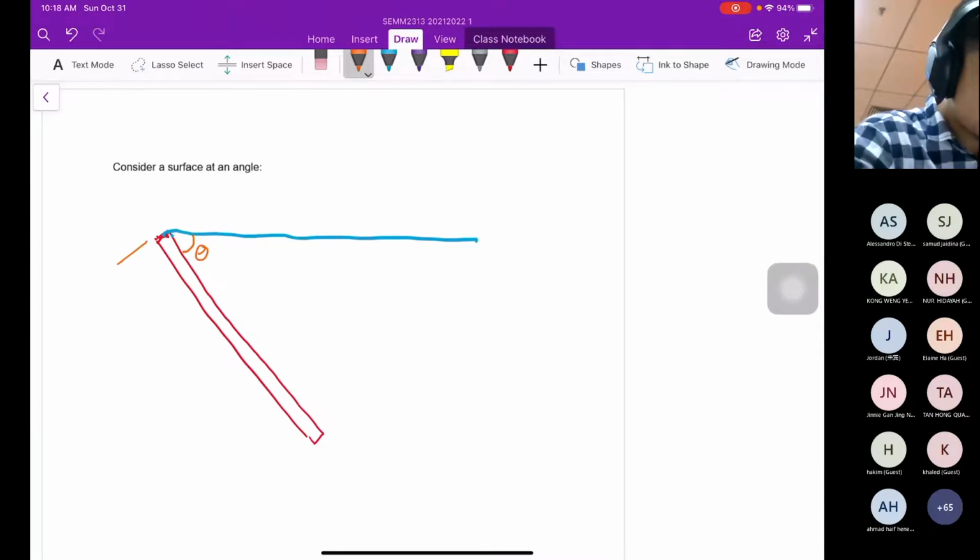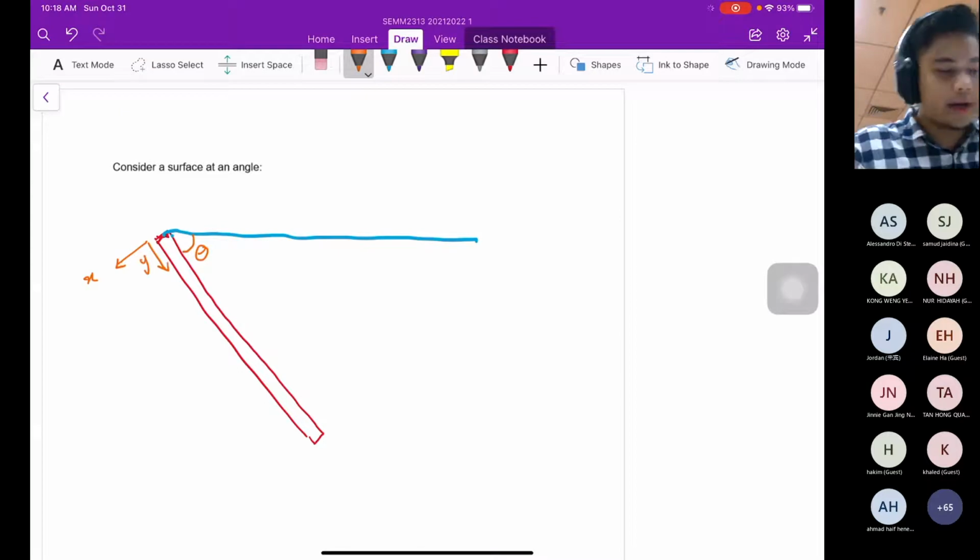Let's say this is our coordinate. This is in the y direction, and this is the x direction. Okay, the y direction. So from here, let's say this is 0.